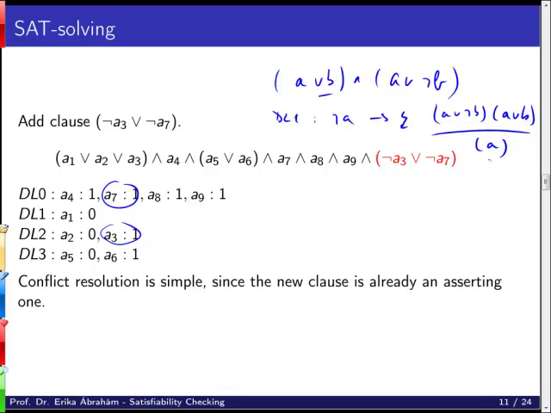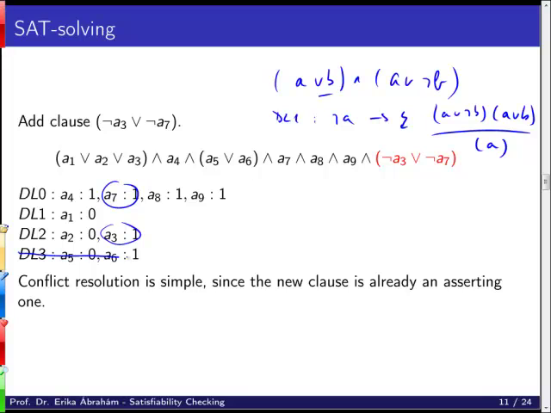Now it is different, because now we got, after we have searched for a complete solution, a new clause. And this clause can state a conflict at an earlier decision level, not at the last one. So what would be natural to do now in this case? You have to go back to the conflict decision level. Exactly. So in this case, I would go back first to decision level 2.